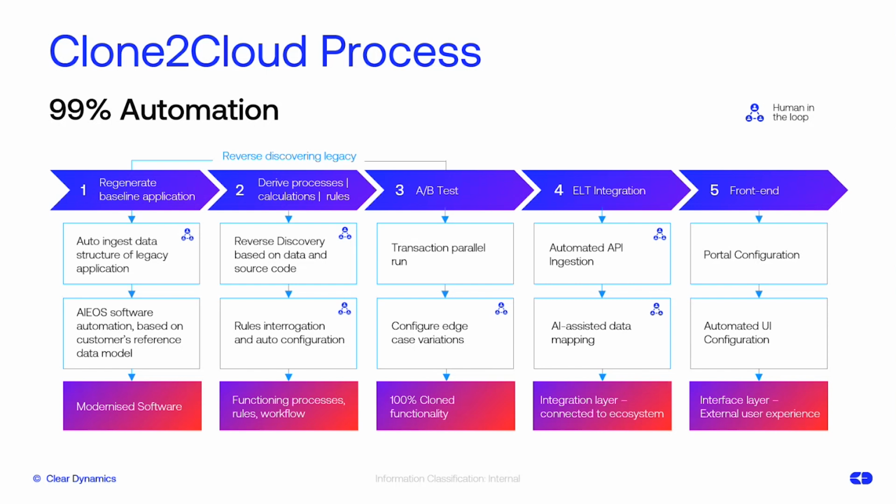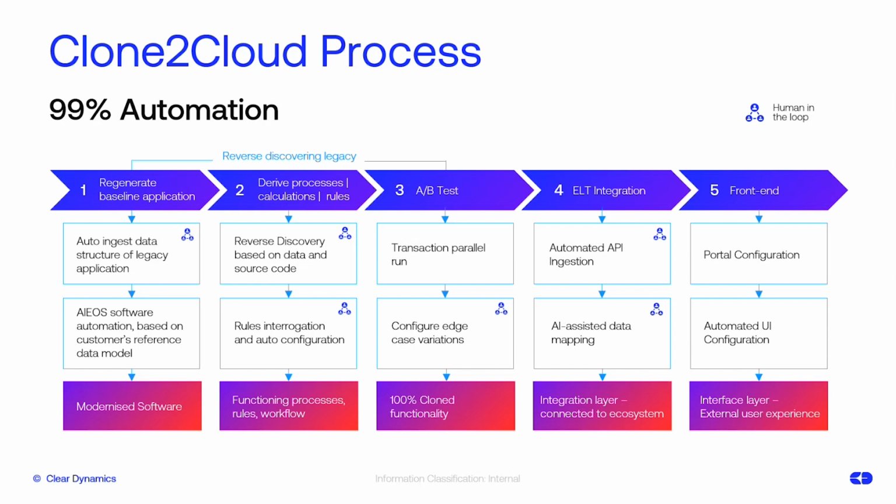And we've helped quite a few companies using our reverse discovery technology that looks at a combination of data and source code to rebuild those processes into the new modern clone.